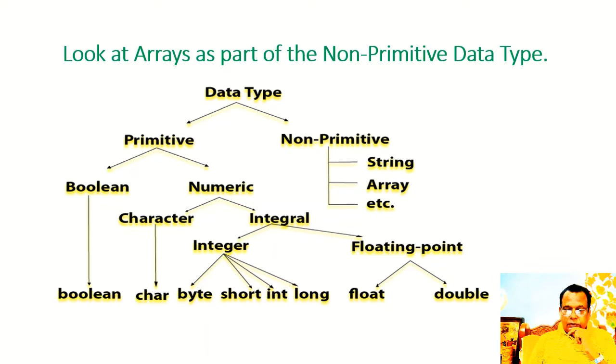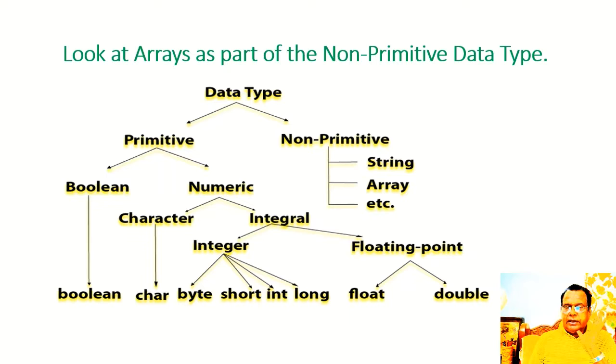Integer can be divided into byte, short, int, long. And floating point we can divide into float and double. It's a very simple mechanism.